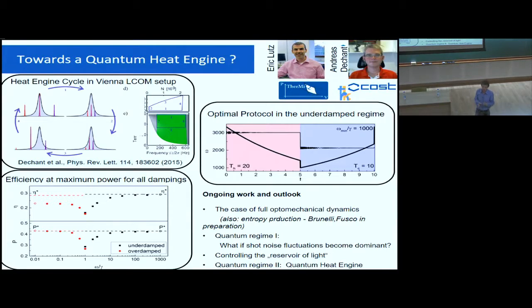Can I overcome it? That would reduce my efficiency. Can I overcome that by using a reservoir that is actually squeezed, like a non-thermal bath? This would not have to follow the Carnot efficiency anymore, because that's only made for thermal baths. And in the end, can I build a quantum heat engine?